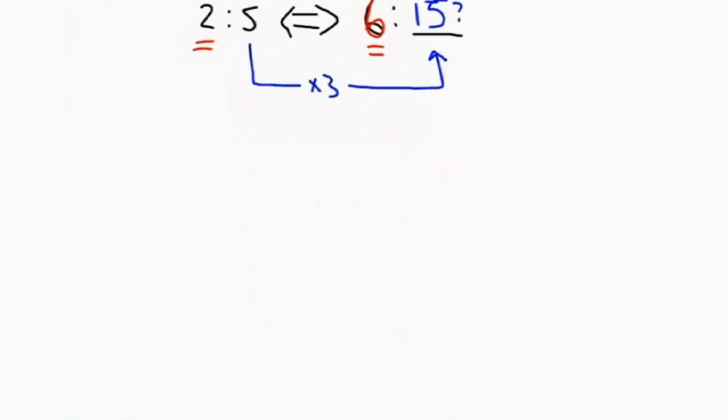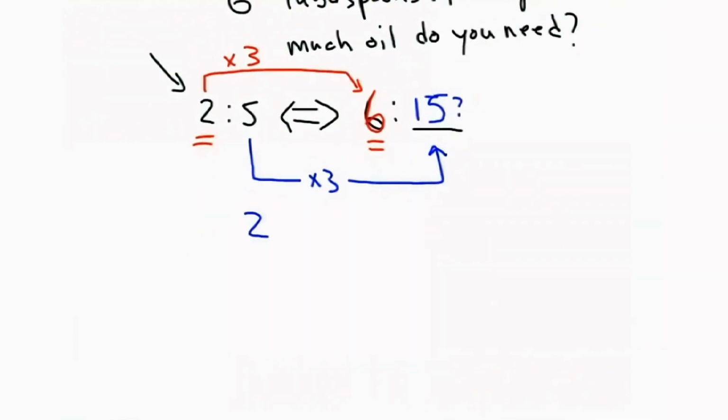And you can see if we write these as fractions that 2/5 equals 6 over something. We could use our solving equations too to figure out easily that the unknown here is going to be equal to 15.